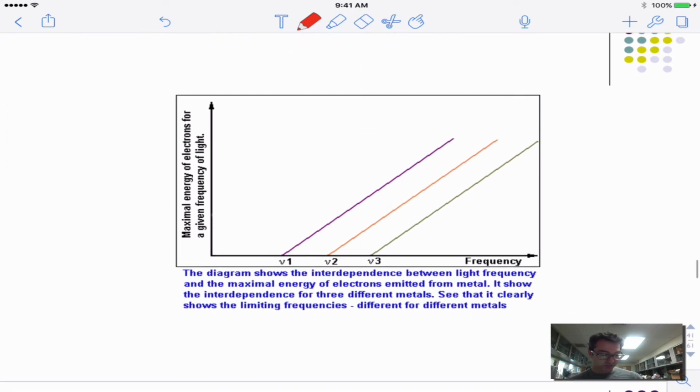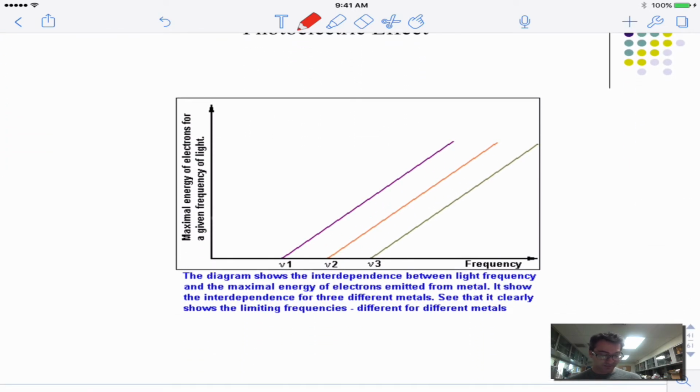Okay, here's a look at the photoelectric effect graphically. These are 3 different substances. What they're showing you is that as I increase the frequency of the light, I will get the electrons coming off at different energies.